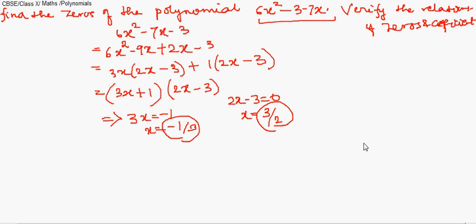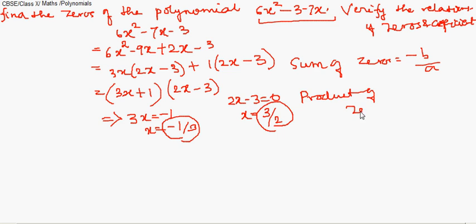How do you check? That verification part you can do. I simply tell you the sum of the zeros can be checked as minus b by a, and the product of the zeros will be given by c by a.